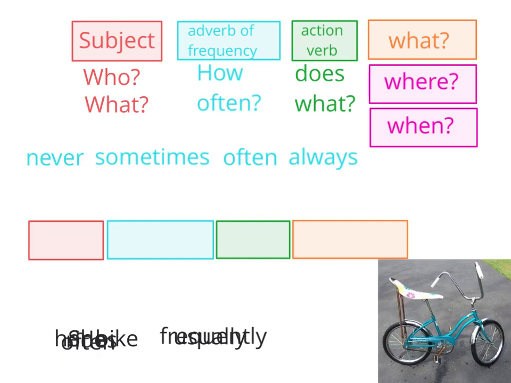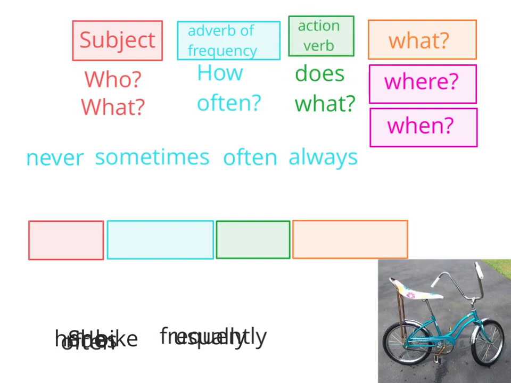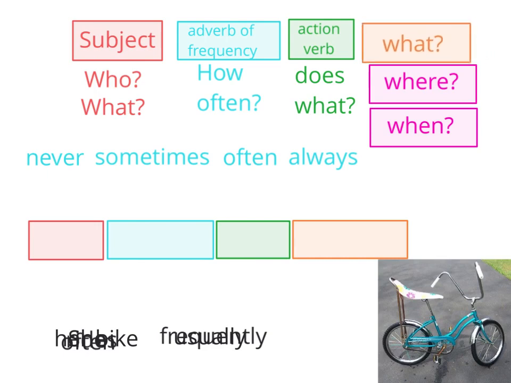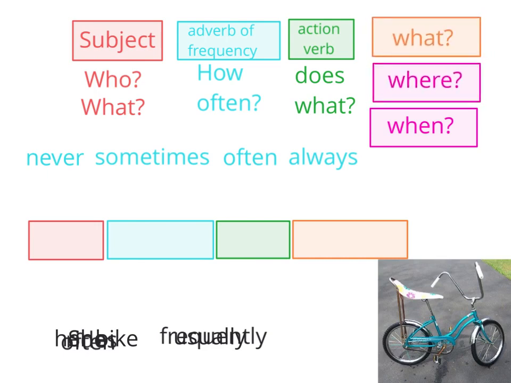Our next kind of sentence has a subject at the beginning. That is, who or what is the sentence about. We have our action verb. This would be when our subject does what? What does it do? And then after that, we might answer the question what, or where, or when.